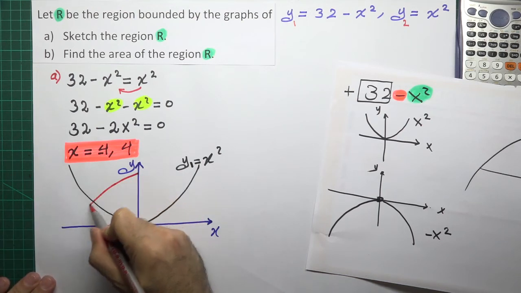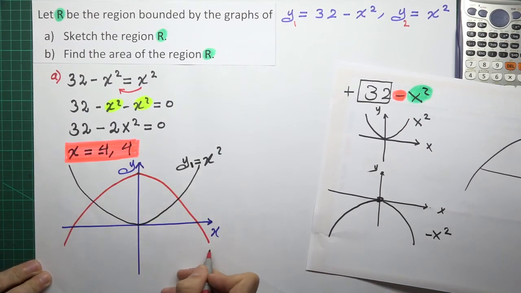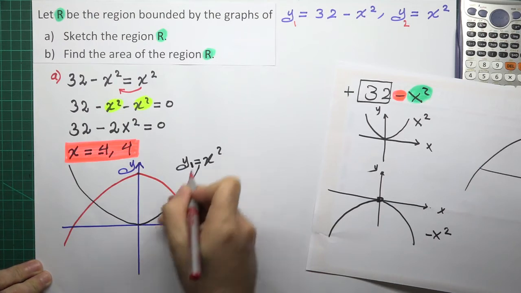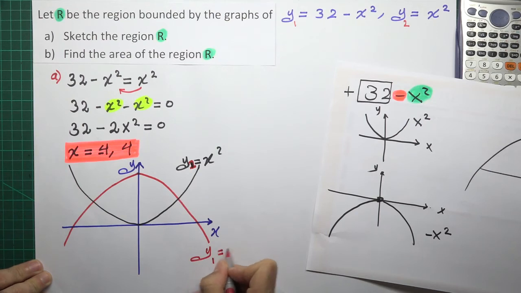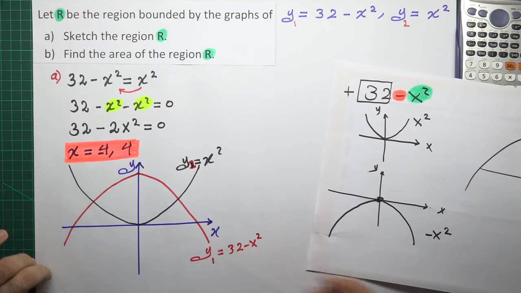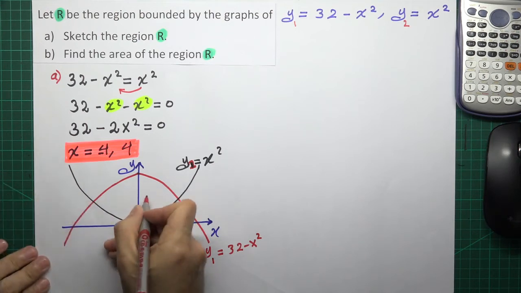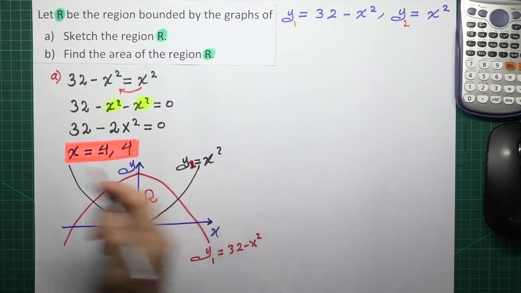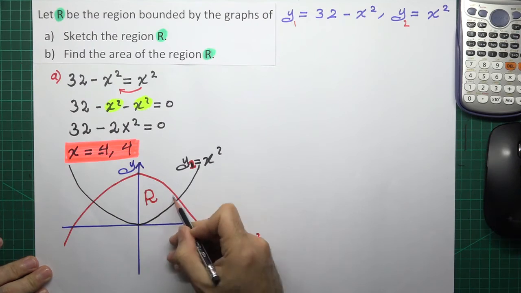Okay, so this is y2 here, sorry, and this is y1 equals 32 minus x squared, and the enclosed region between them is here. So this is R. This is the region R. Part 1 done, of course.